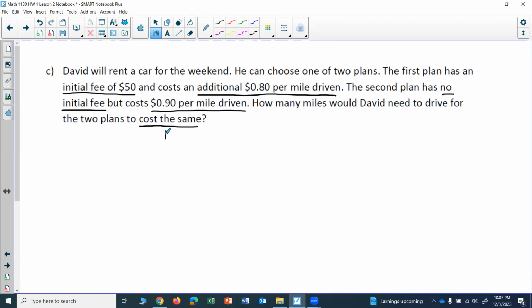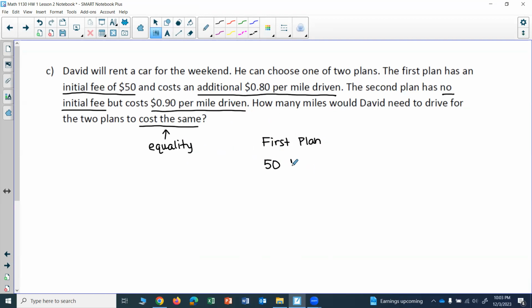So costing the same means that we want to set up an equality or an equation. So I want to figure out the cost of the first plan. The first plan has an initial fee of $50 and an additional 80 cents per mile driven.